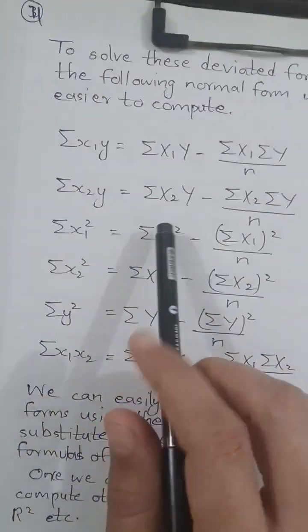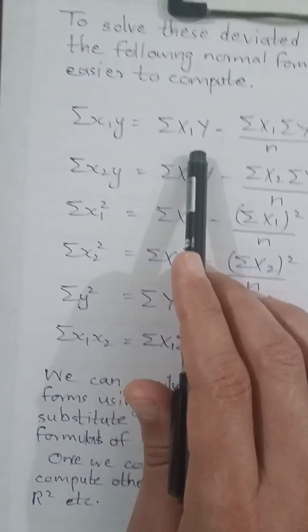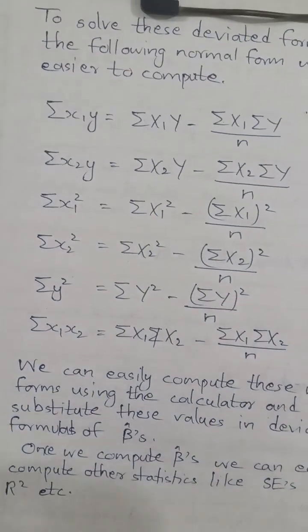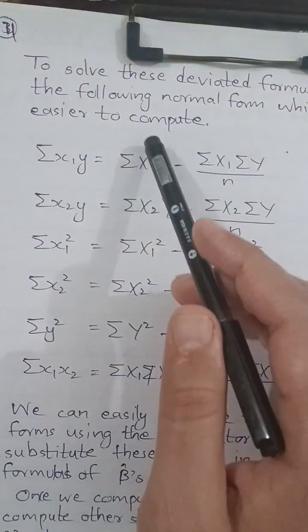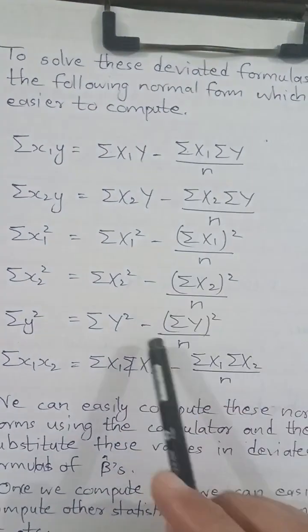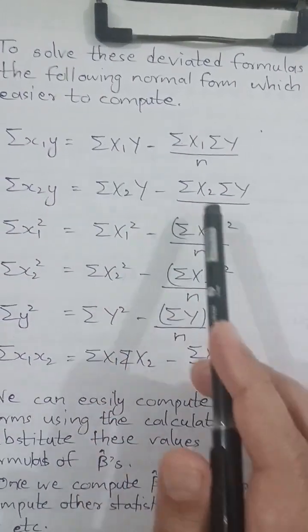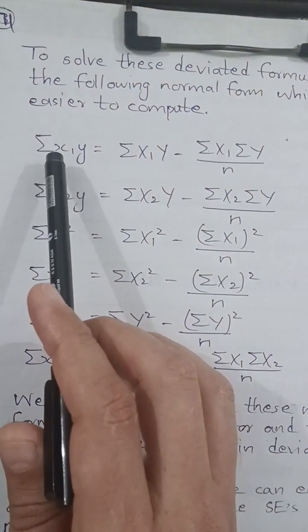So the sum of small x1y equals sum of actual x1y minus sum of x1 times sum of y over n. Remember that these terms are in the deviated form, but these terms are in the actual form. So if you remember these formulas, you do not need to compute these deviated forms.